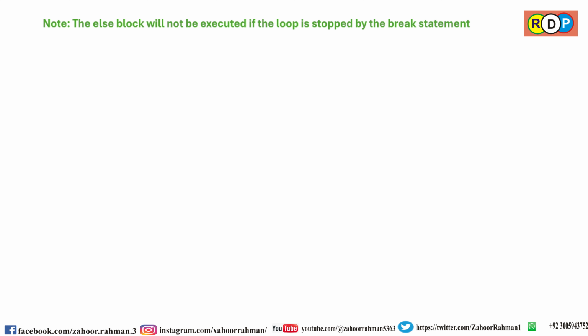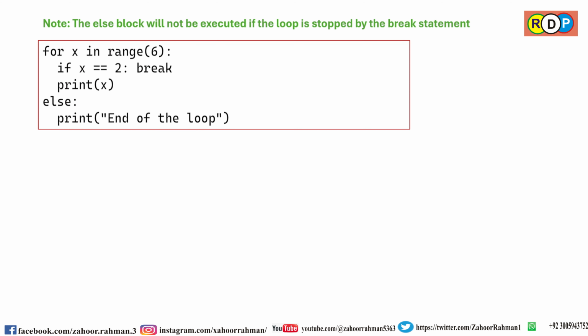The else statement will not be executed if there is a break statement. For this, let us consider this program. For x in range, x will have the value 0, and 0 is not equal to 2, so break will not be executed, and it will print 0. Then it will process the second element, 1, and 1 is not equal to 2, the condition is false, so break will not be executed and it will print 1.